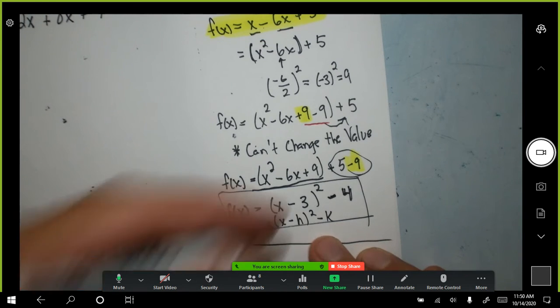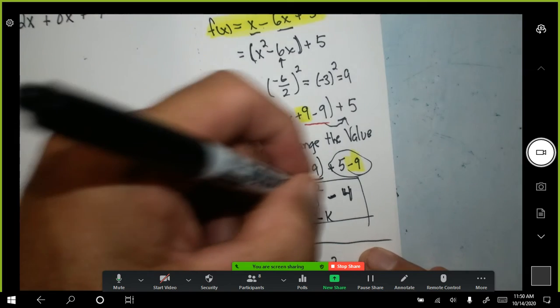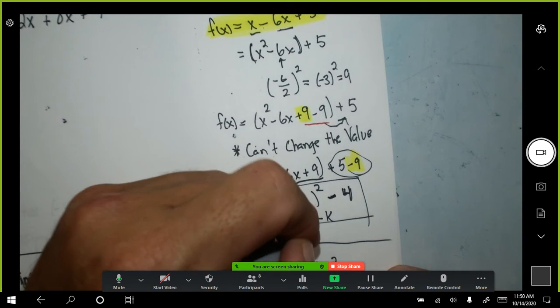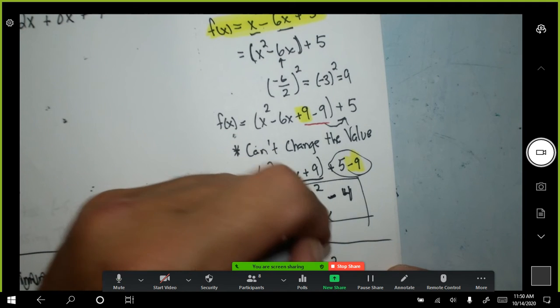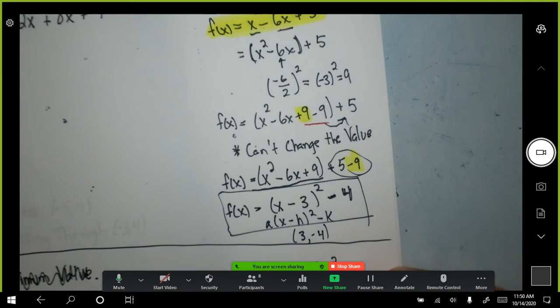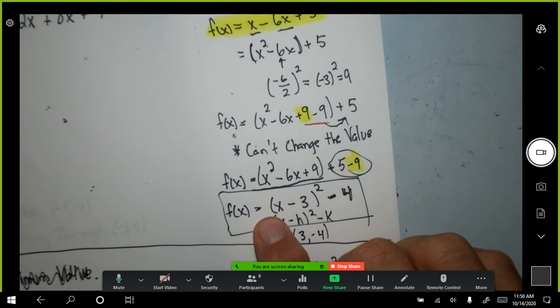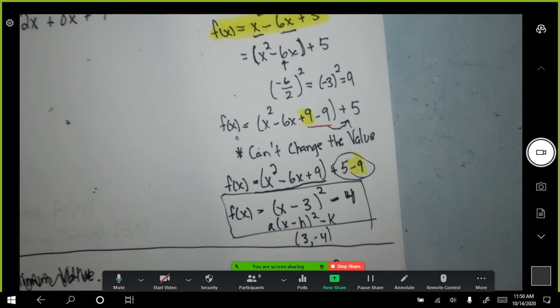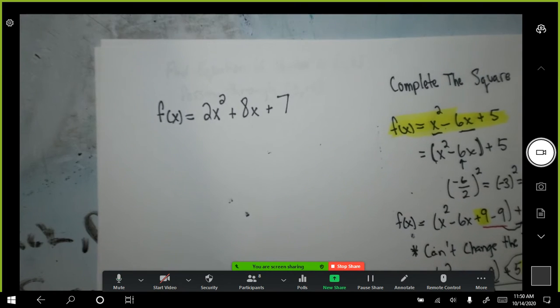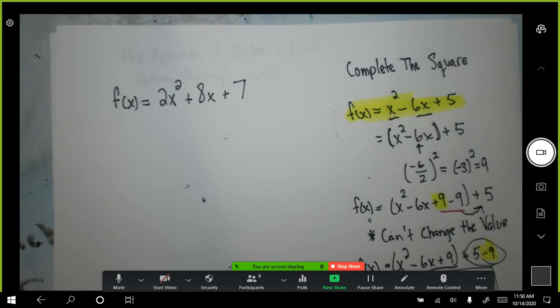Okay, so I would know that this parabola, if this is a parabola, its vertex is at the opposite of the h value. So this would be a parabola whose vertex is at (3, -4), and it opens up because there's no number out front, so that's a +1. Okay, so now let's go back to the problem that they gave us.